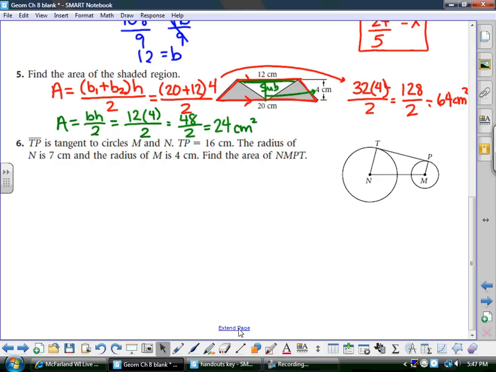That means if I just want the area of the shaded region, I need to take the area that I got for the big red trapezoid and subtract the area that I got for the white triangle and get that the area of the shaded part is 40 square centimeters.